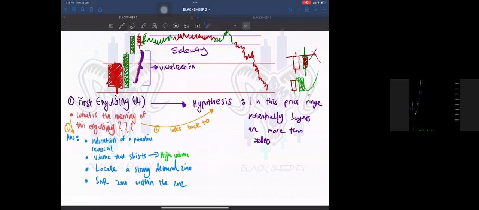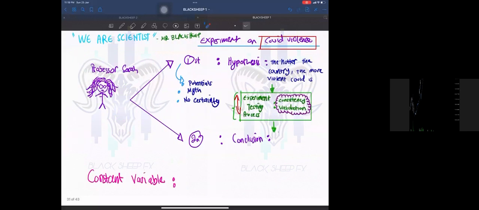Which then links back to the hypothesis ideology. As the first engulfing is built, we can manage to create a zone. So remember when I said as a scientist, we have to have what we call the constant variable, meaning a set of rules that is set. You cannot simply change the rules. Same goes as a trader.